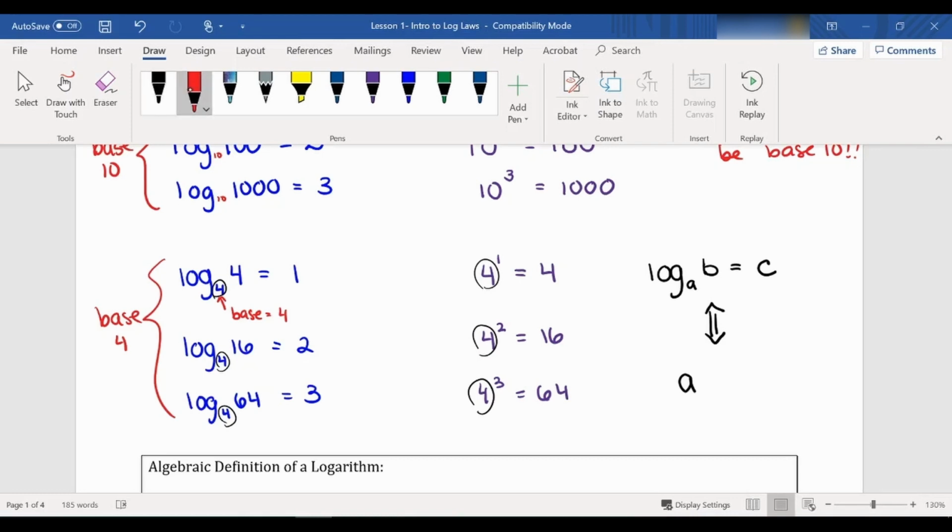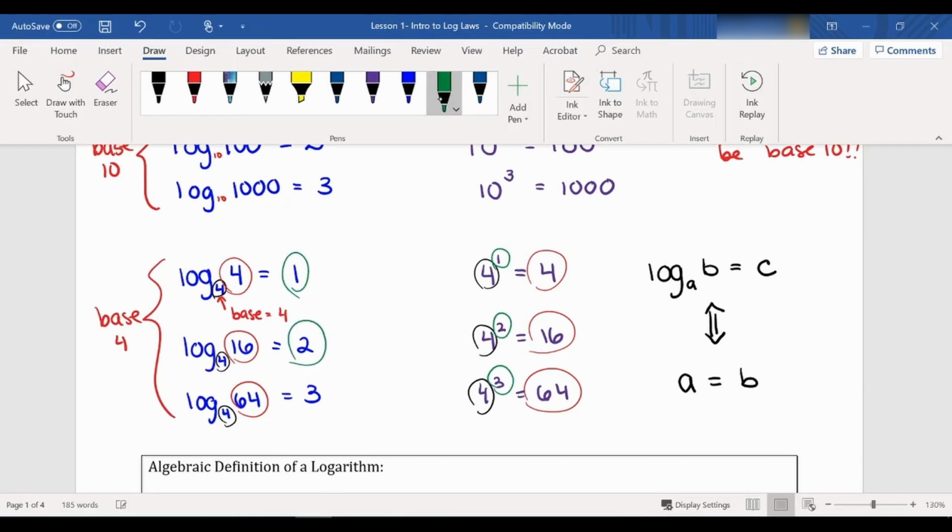Hopefully you notice that all of these numbers here, the inside stuff of the log, or the b in my black formula there, is what my exponent equals when I'm done. And hopefully you notice that the exponent in the exponential form is what the logarithm equals when we're done.